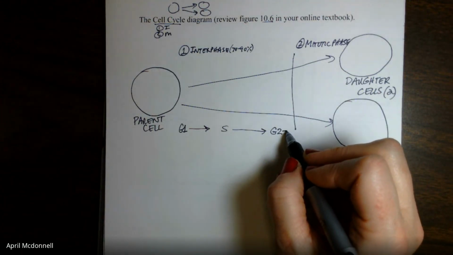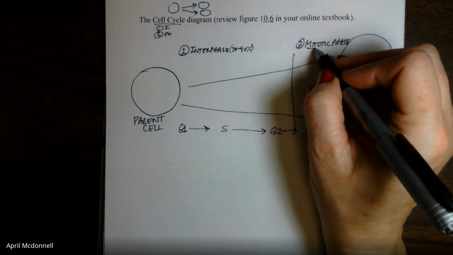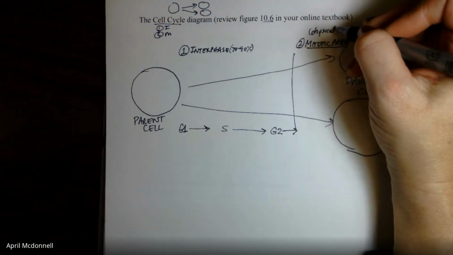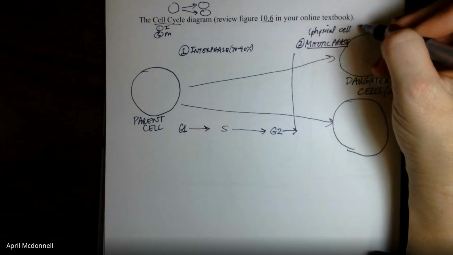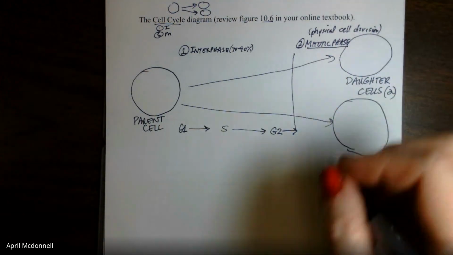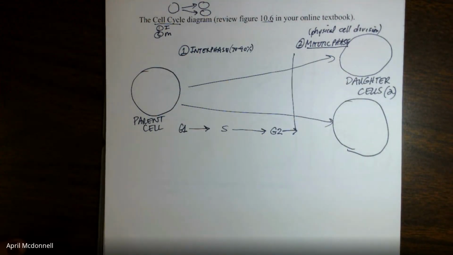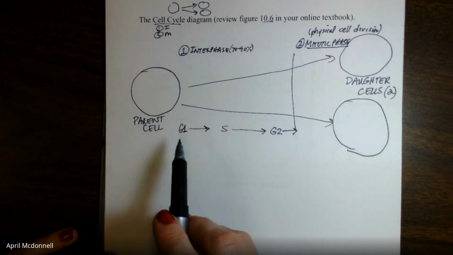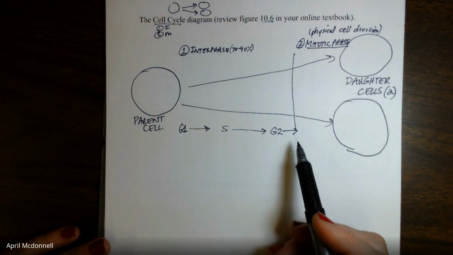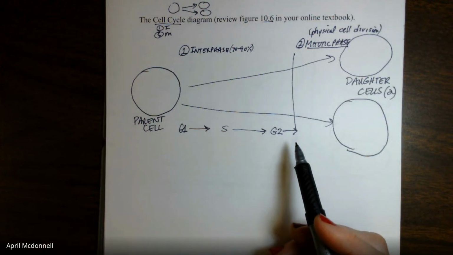Okay, when G2 is completed, the cell will move into the mitotic phase, which is the physical cell division. That's when the cell begins to prepare for splitting apart to produce 2 separated daughter cells. So you can see this is definitely a sequence of events that are continuous, more or less.